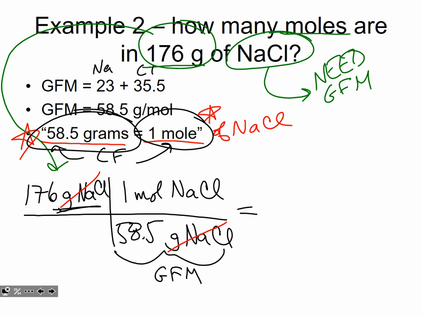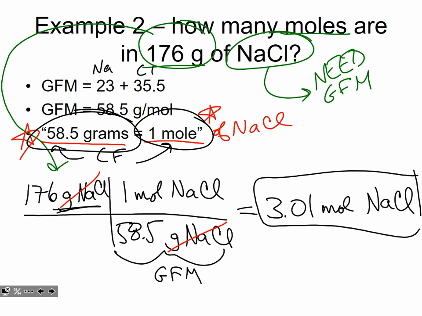And then I'm simply going to do my math. This is why T-charts are awesome, because you don't have to worry about whether you're multiplying or dividing. The T-chart will tell you what to do. So I'm going to do 176 times 1, which is 176, then divide it by the 58.5. When we do that, I get 3.01 moles of sodium chloride, which also should make sense, because the gram formula mass tells us that 1 mole is 58.5 grams.